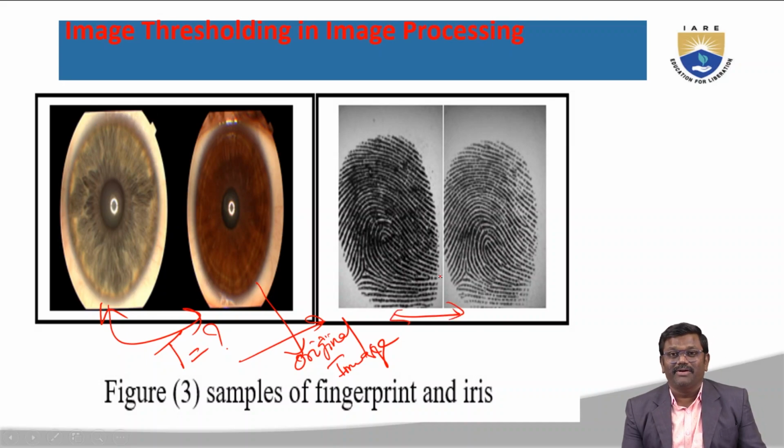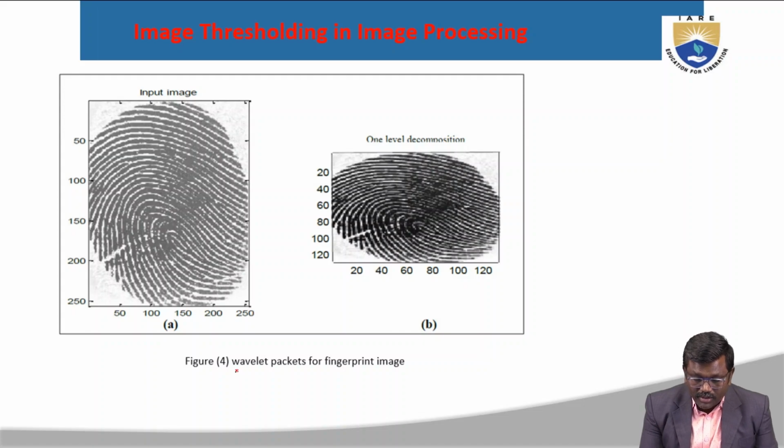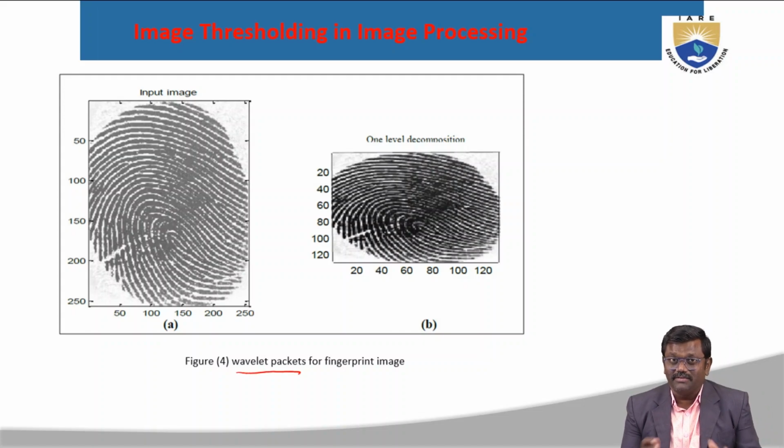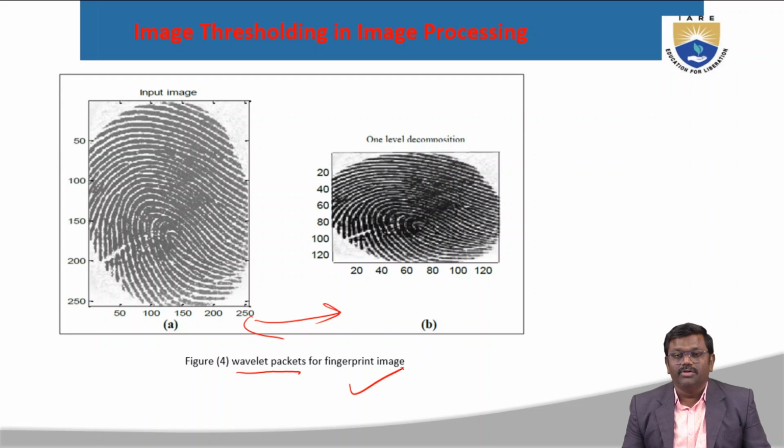By comparing together, we find which one is correct and perfect. Segmentation can also depend on wavelet packets, which are small subgroup packets. By comparison of both, we achieve the required image.